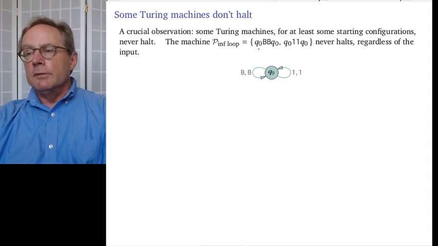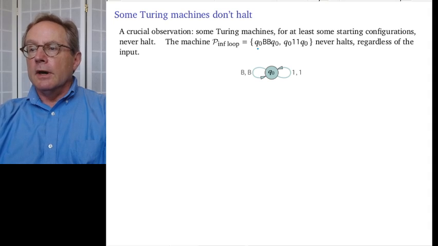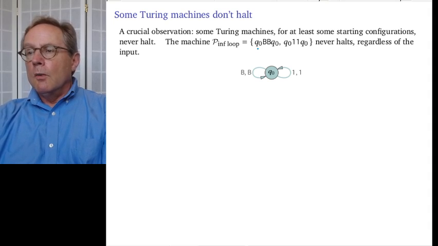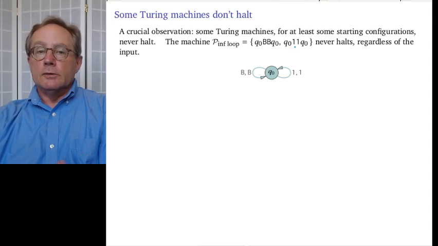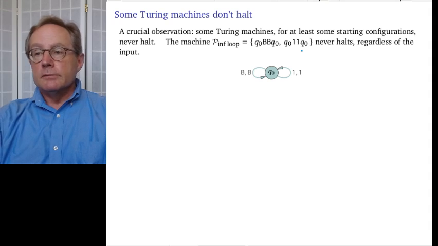If you give the machine 5 ones in a row, and then you point the machine to it, well, it's going to start in state Q0, it's got a 1, it writes a 1, which means it doesn't do anything, and it stays in state Q0, so it just keeps looping around and around and around. This machine will never halt. Okay, so that can happen.